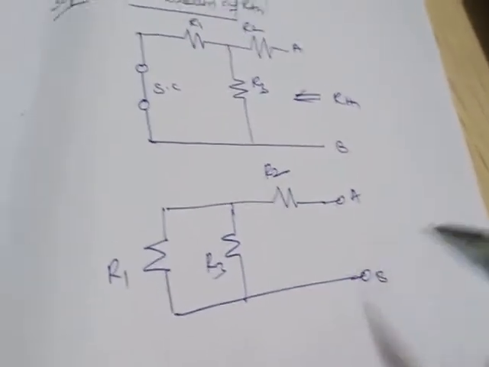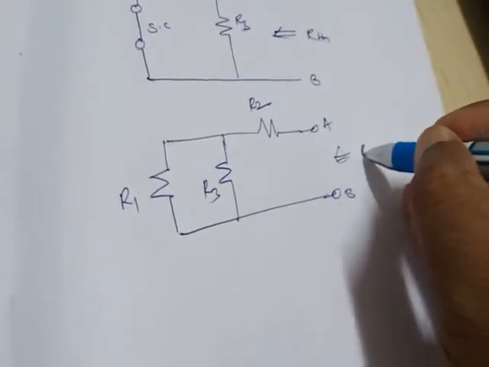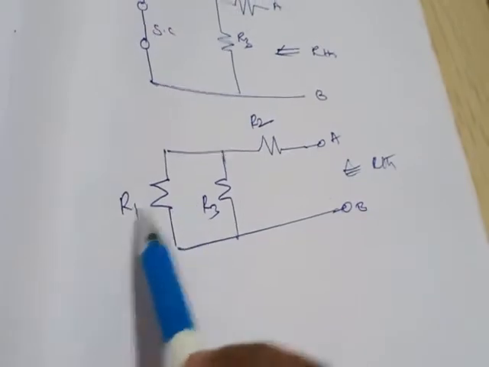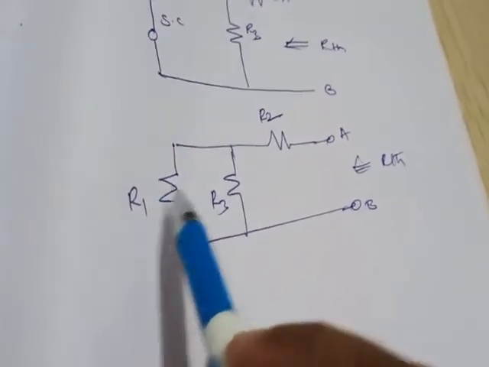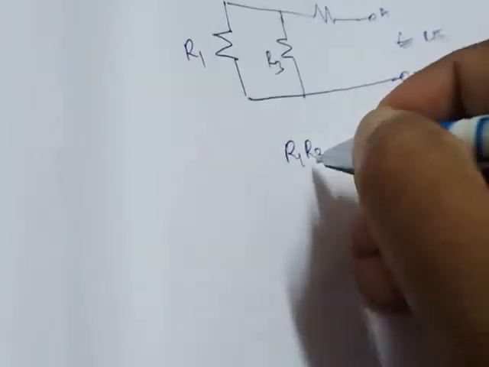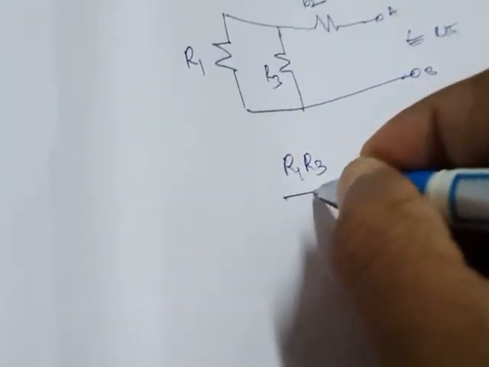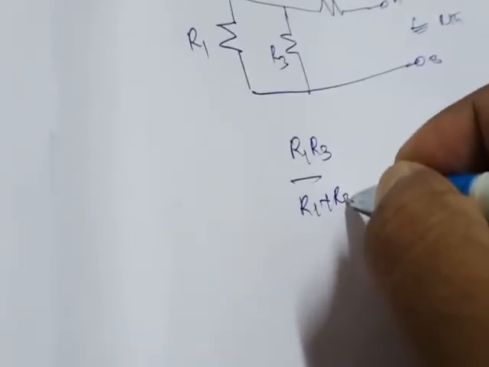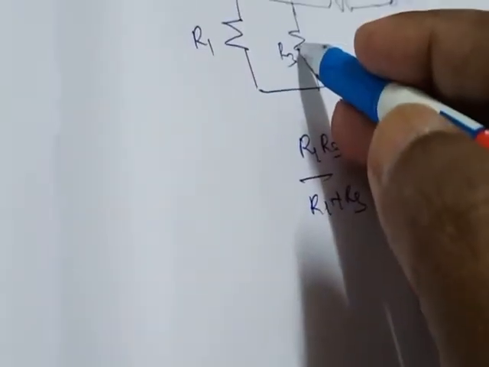Between A and B you need to find R Thevenin, the total or Thevenin's resistance. You can observe how these two resistances are connected: they are connected in parallel. So the resultant is R1 R3 divided by R1 plus R3. If you solve this, you will get one resistance.